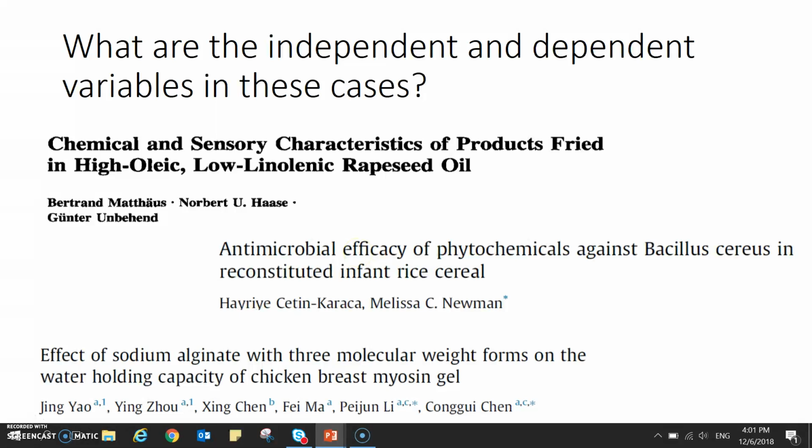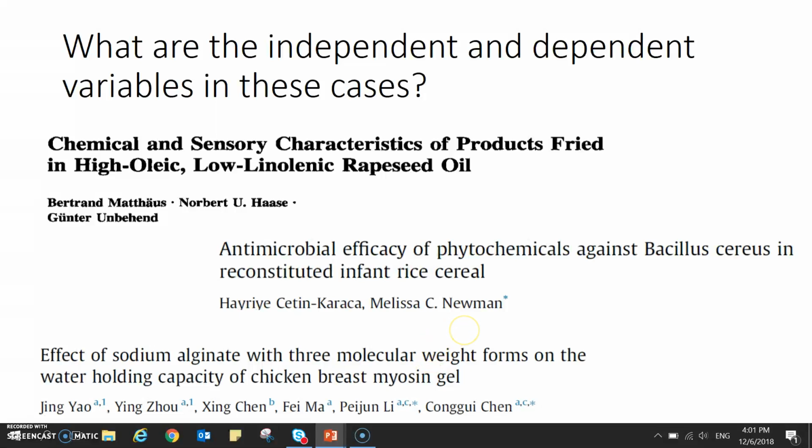And what are you manipulating? You are basically manipulating the phytochemicals by putting in the phytochemical to see how it affects the antimicrobial efficacy. Therefore, the independent variable in this case are the use of phytochemicals.